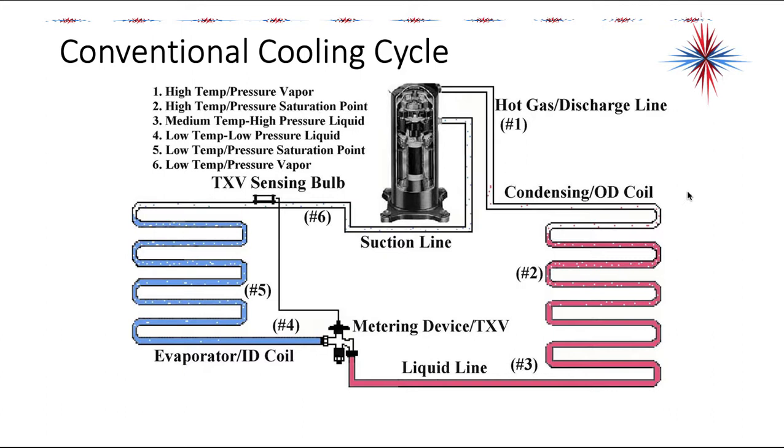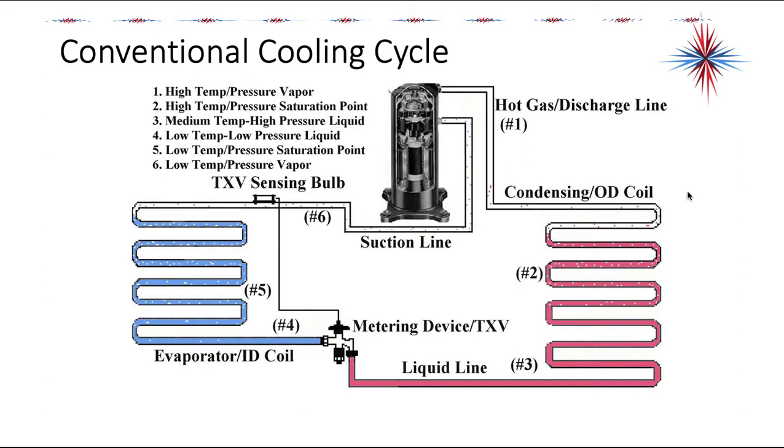We're rejecting heat, and the reason we can reject heat is the condenser is roughly 30 degrees warmer than the ambient temperature around it. Again, heat will always move from warmer to colder. Then we come out of the condenser as a medium temperature, high pressure liquid. We've already dropped the temperature and changed the state, so now it comes from a gas to a liquid.